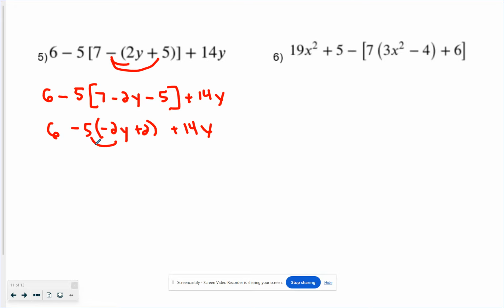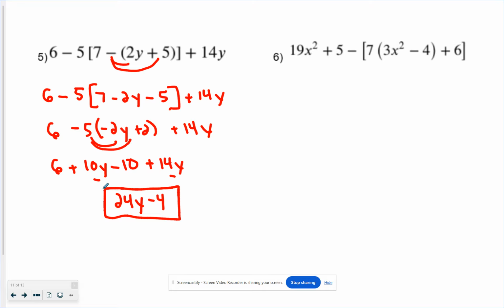And then we're going to distribute through the parentheses. So you got 10y minus 10. So I got 6 plus 10y minus 10 plus 14y. And when we combine the 10y and the 14y, you get 24y minus 4 as your final simplified answer.